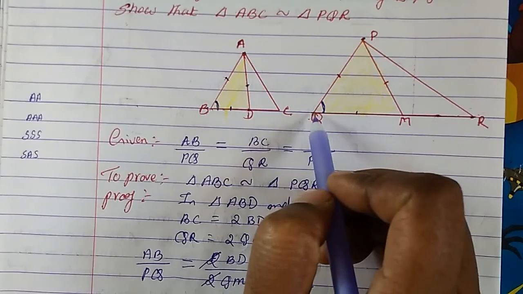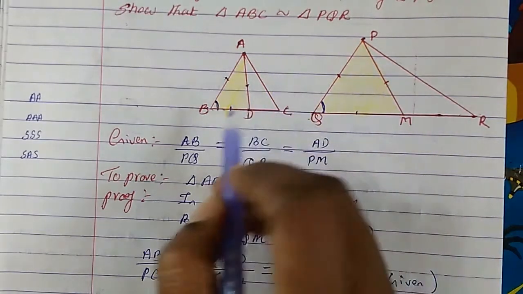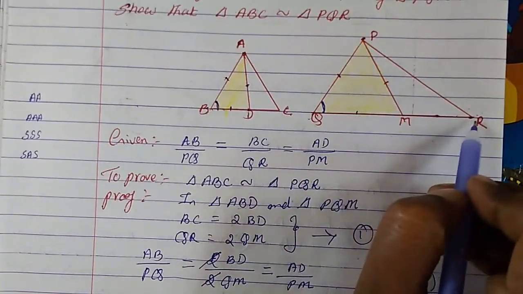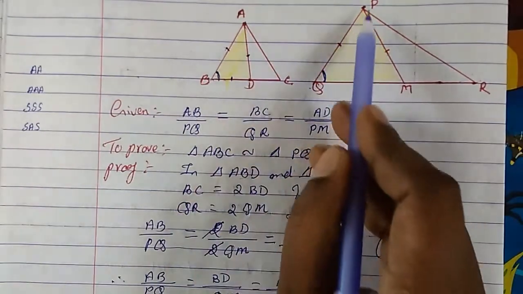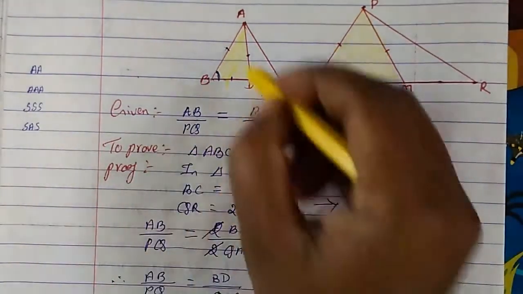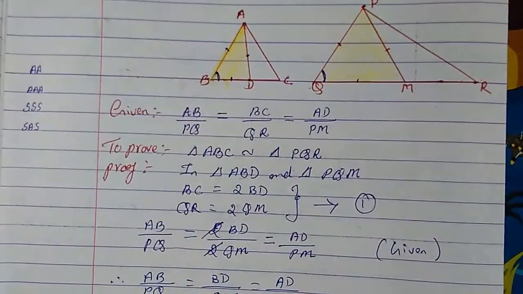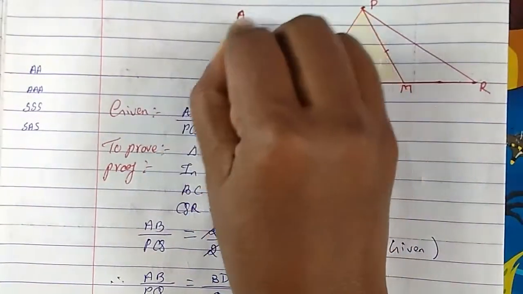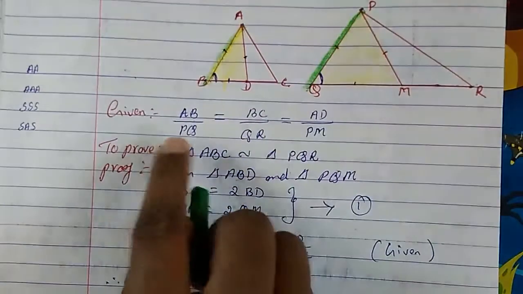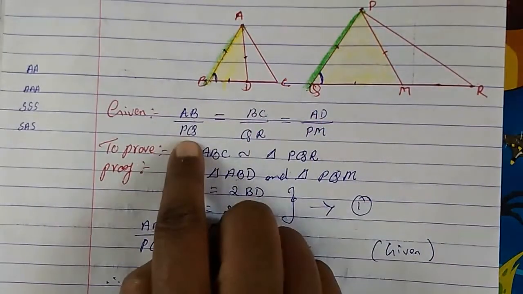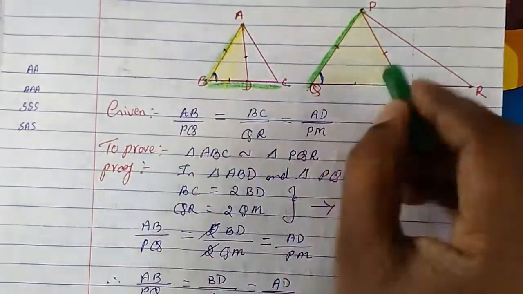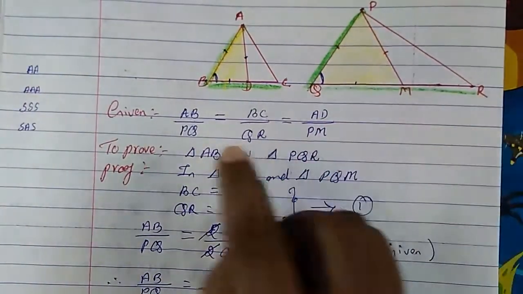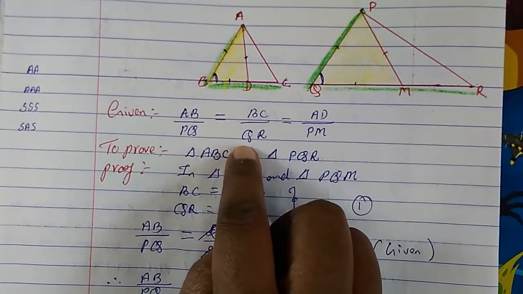And then BC upon QR also is given to us, right? So you see, AB upon PQ. So this side, first is this side. It is given to us. AB upon PQ ratio is proportional, okay? Then given to us BC upon QR also, okay?